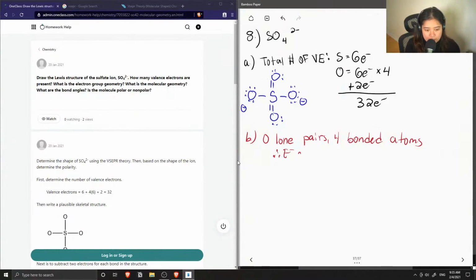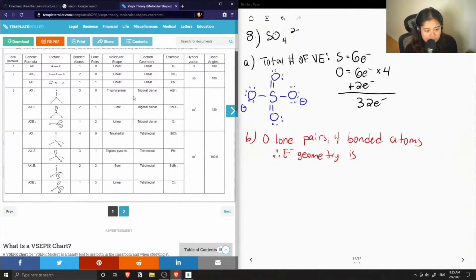And by using a VSEPR theory table, we can find out both its electron group geometry, molecular geometry, and the bond angles.